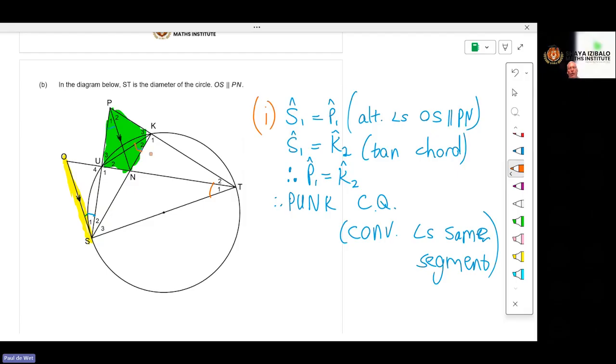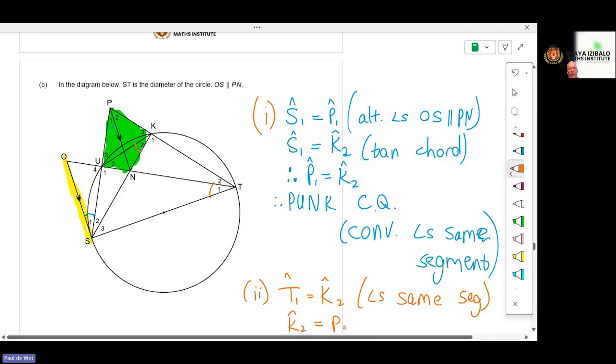So T1, this is question number 2. I'm just doing it here so I can see the diagram. T1 equals K2, angles, same segment. Okay, so K2 equal to P1 is the same segment, which was proved above.